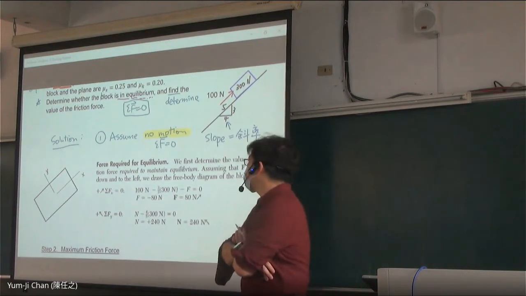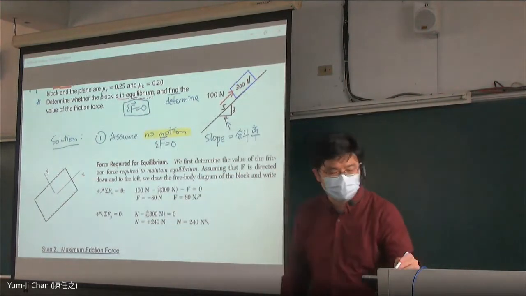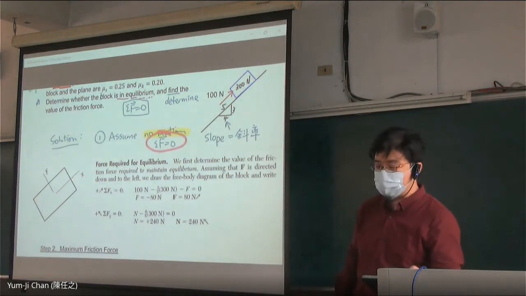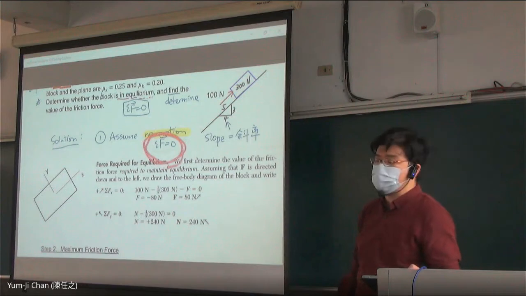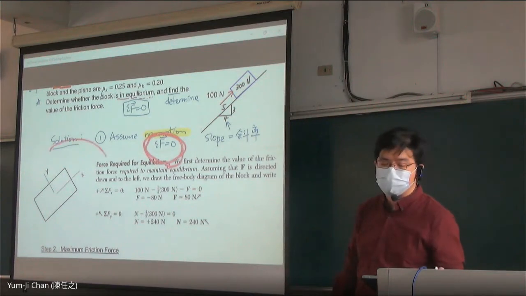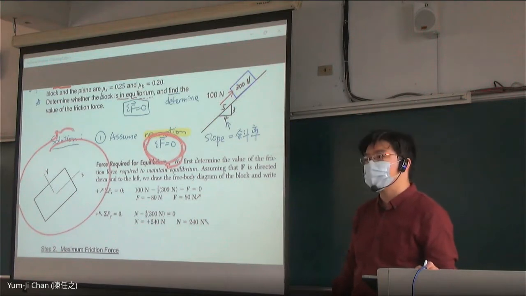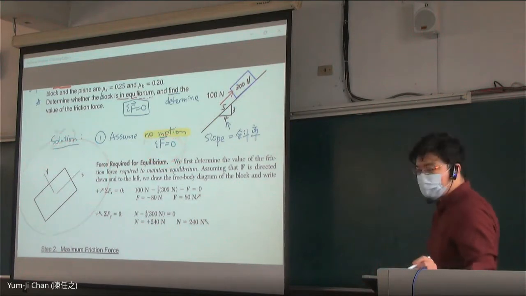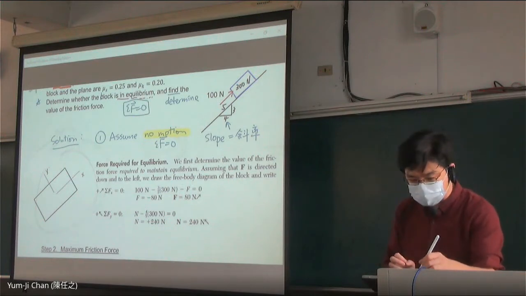So after we assume summation F equal to 0, once we write this equation, what do we need? We need a free body diagram. Okay? So here we have a free body diagram.